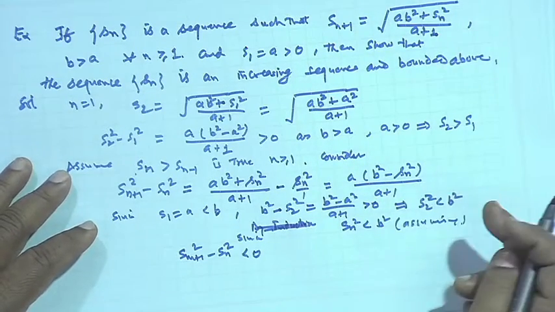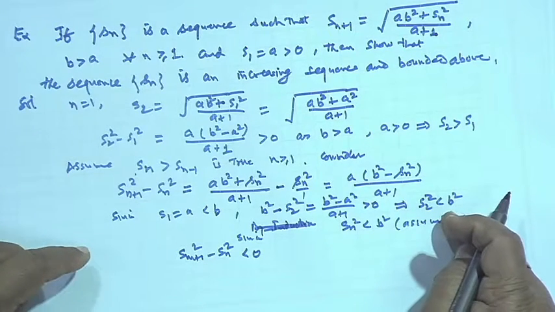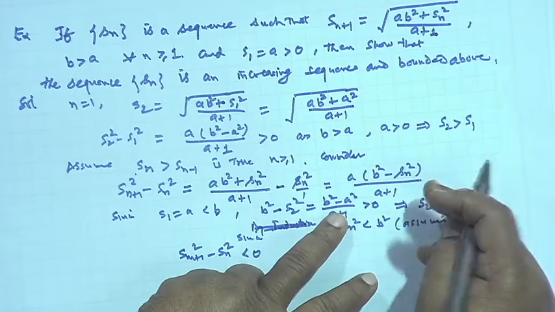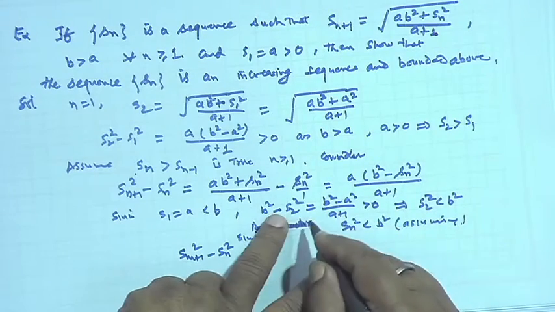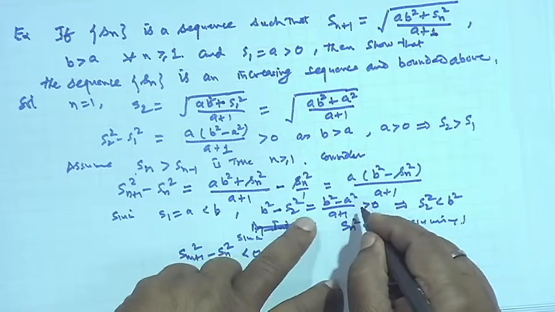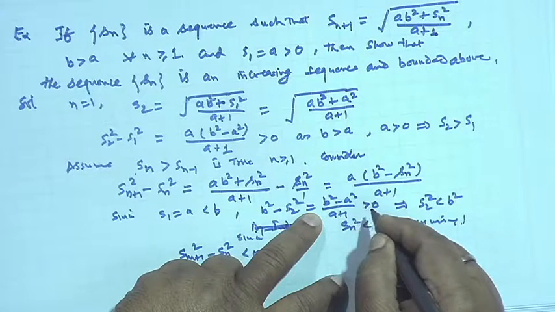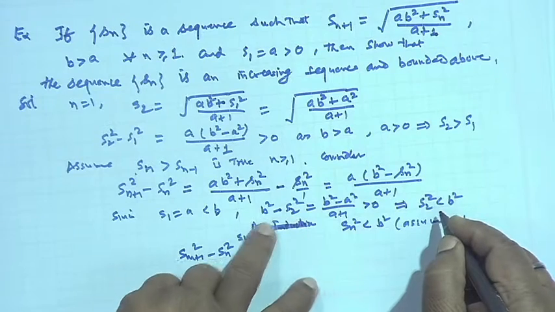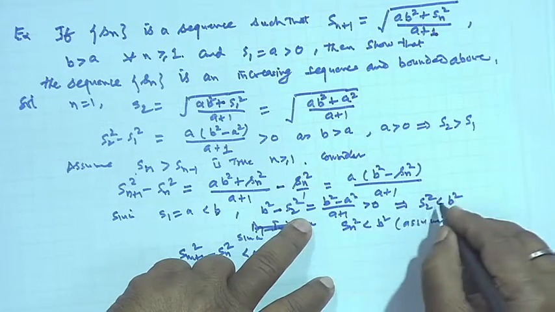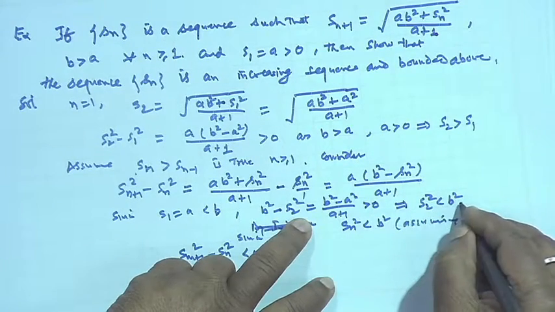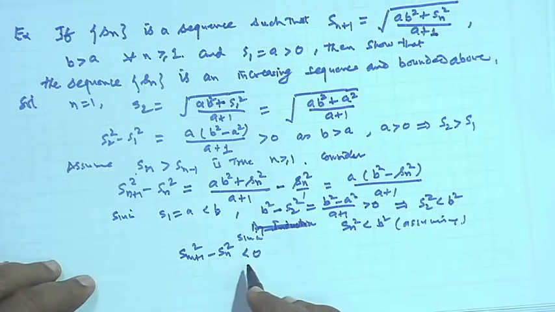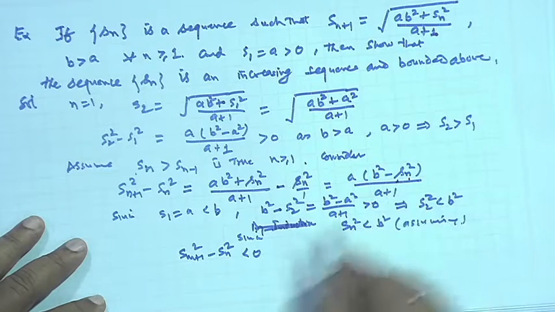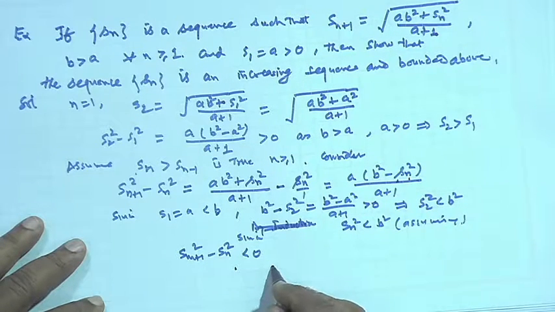B square minus S2 square, this is wrong, is it not? B square minus S2 square is B square minus A square by A. So this shows that S2 square is less than B square. Okay, so B square minus Sn square is negative, therefore this part will be negative.